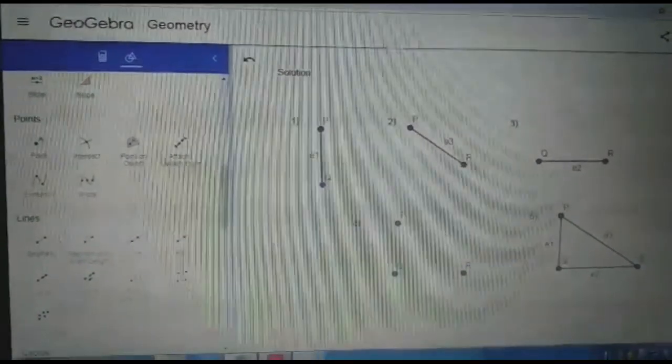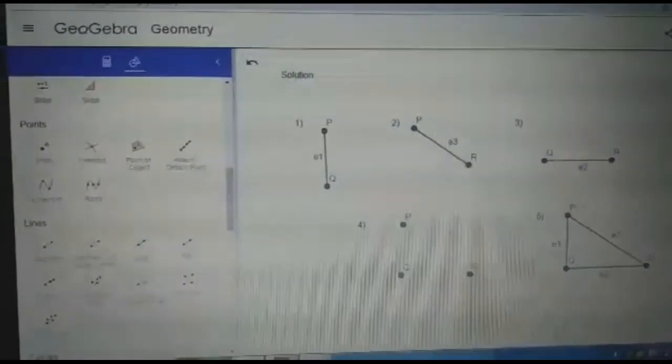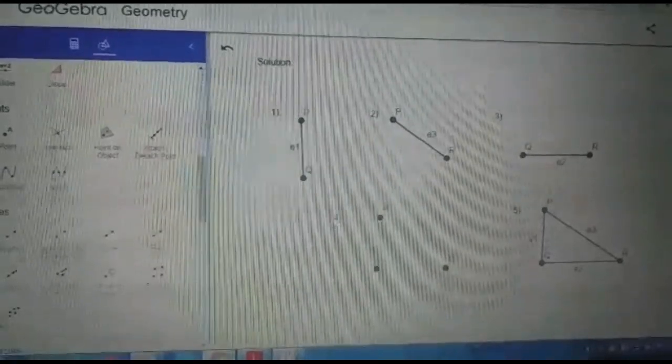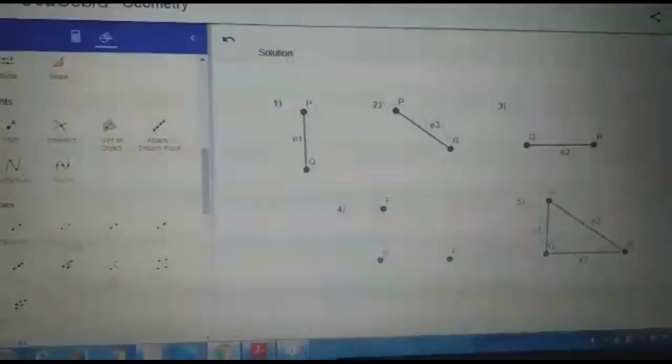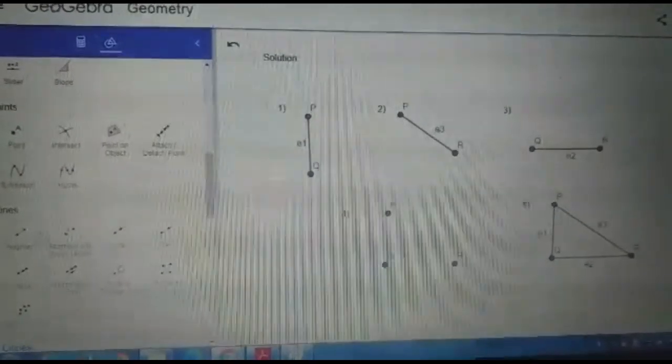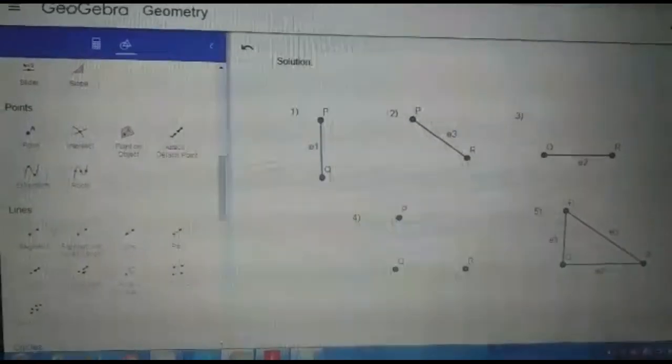The fourth one is the vertices themselves, vertices P, Q and R. The fifth one is the graph itself, the original graph, with the vertices P, Q and R with edges 1, 2 and 3.